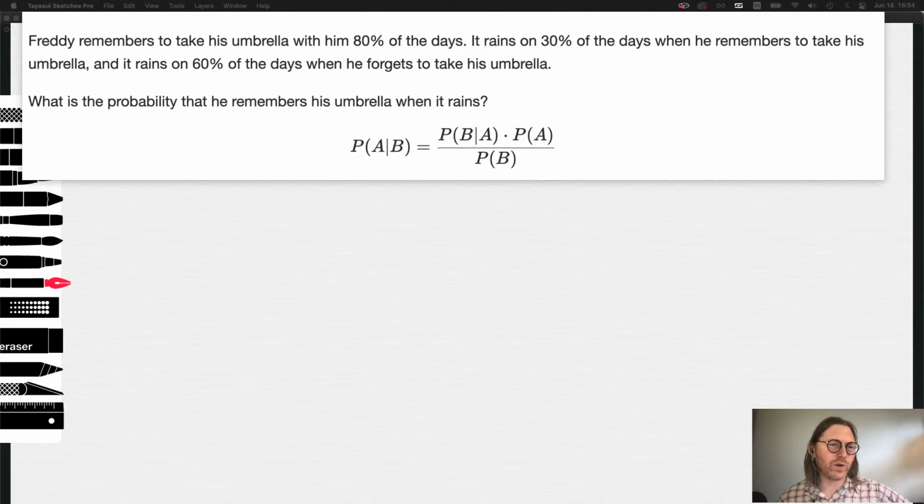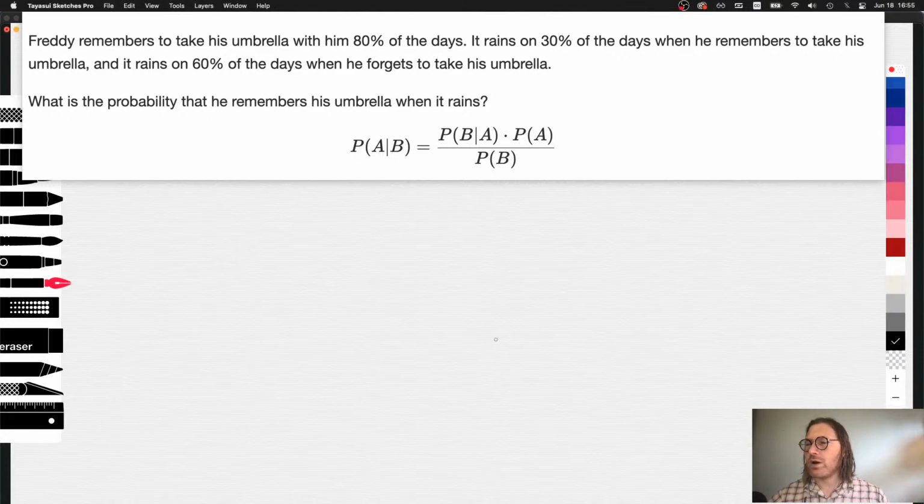So what is the probability that he remembers his umbrella when it rains? It's kind of fun because it implies a certain kind of causal relationship, right? Like nature is answering to Freddie taking his umbrella or not, which is a pretty unreasonable assumption, but we'll go with it.